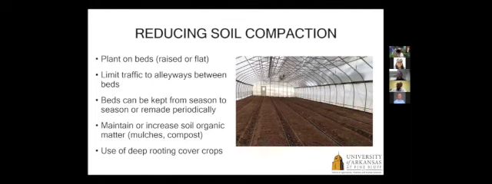Cover crops are also another good source of organic matter, depending on what types of cover crops we use. And cover crops, even used as live plants, if you have good, deep-rooted cover crops, those would help us to alleviate some compaction issues in our high tunnel.